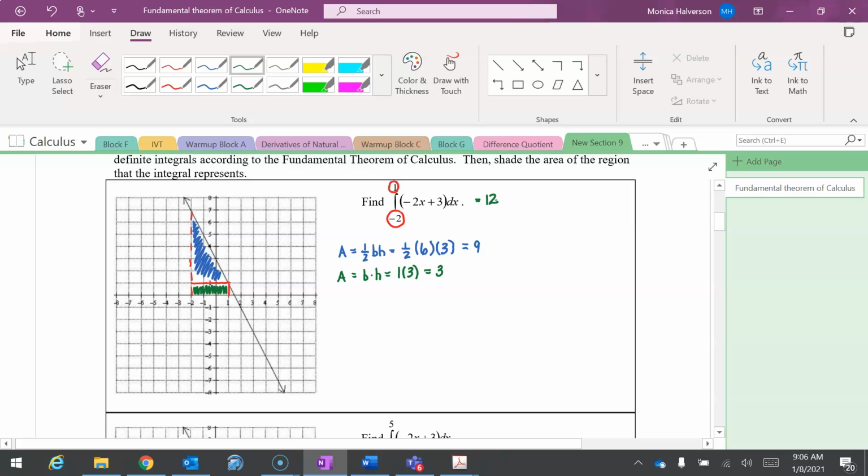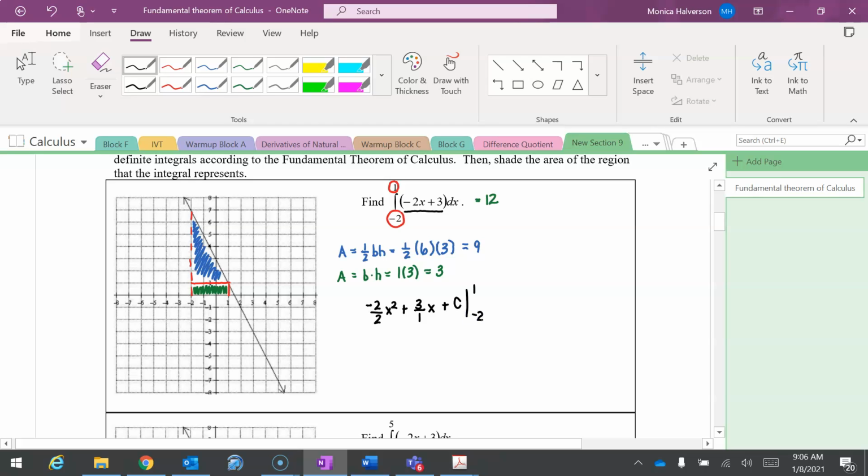Now, let's talk about doing it algebraically. The first thing we're going to do is find the integral of the function. So it'd be negative 2 over 2 x squared plus 3 over 1 x plus c, and we're finding it from 1 to negative 2.